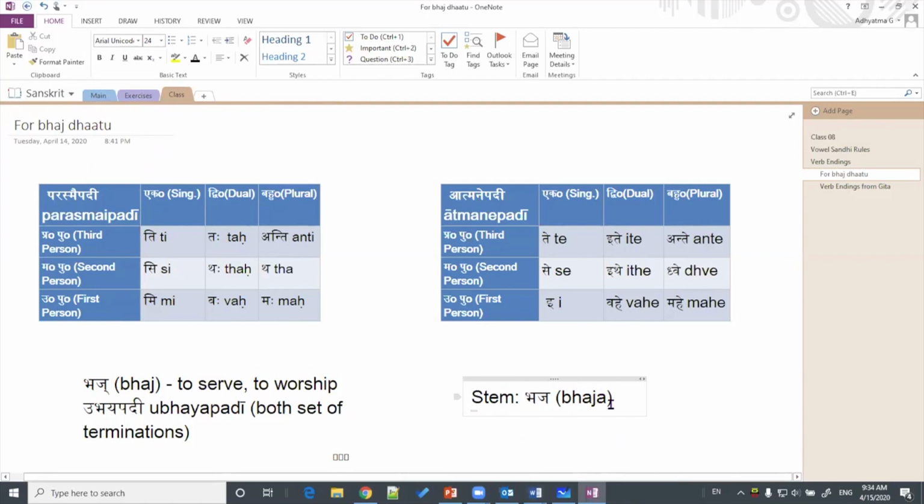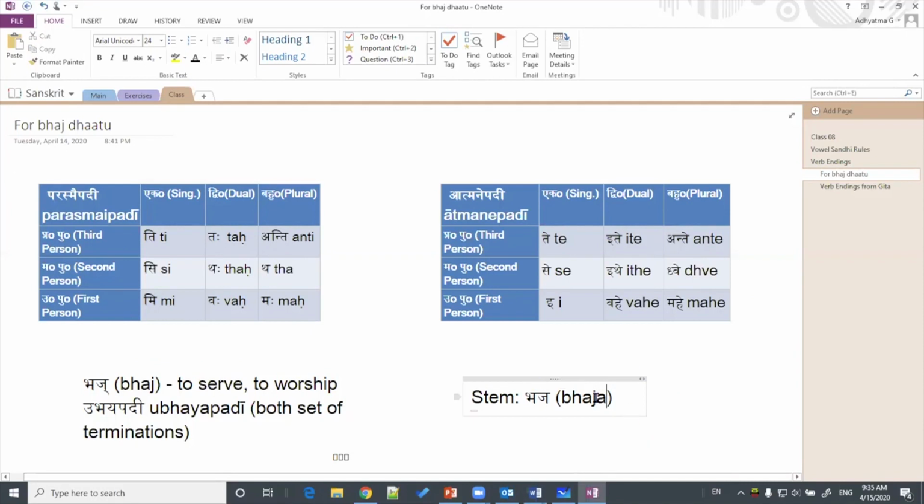If you look here, this is an akaranta stem, ending in a. What that means is that based upon the rule of making the stem, this stem is ending in akara. There are other rules for other verbs where the stem doesn't end in akara. When the stem ends in akara, it makes it very simple to apply these endings.